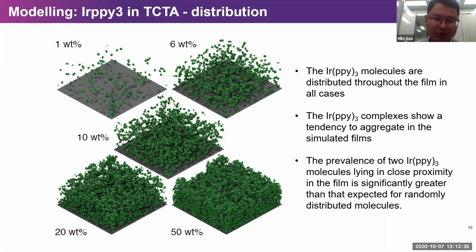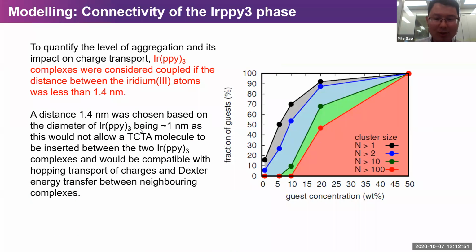And the prevalence of two RP molecules lying in close proximity in the film is significantly greater than expected for fully randomly distributed molecules. But that's just from our eyes. On the next slide, we quantify the level of aggregation and its impact on charge transport.